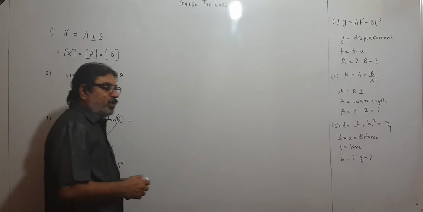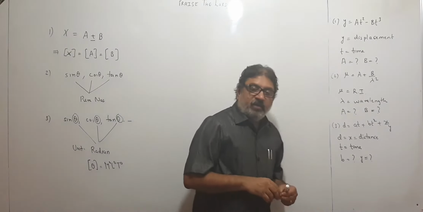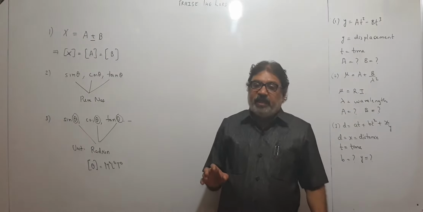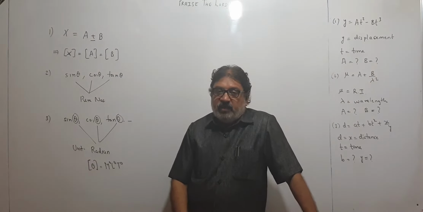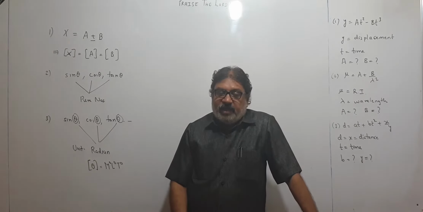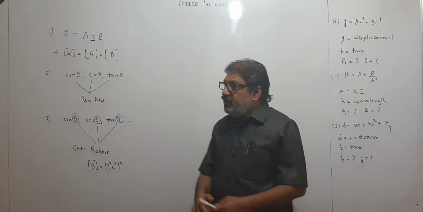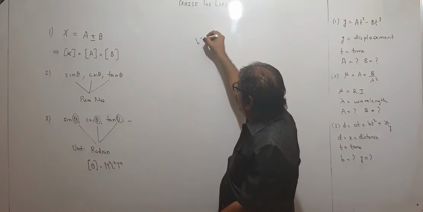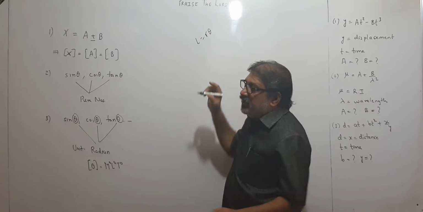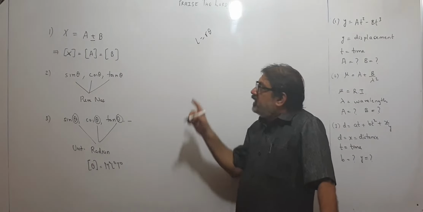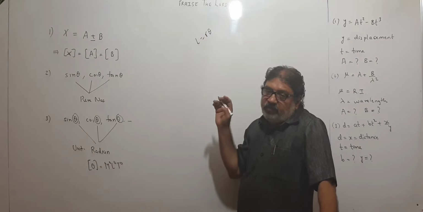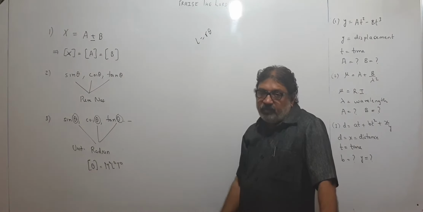And I would like to tell you one thing over here children. If a physical quantity has a formula wherever angle is involved, like length of arc is equal to r theta, so here you become alert. Here units will not match, but dimensions will match.